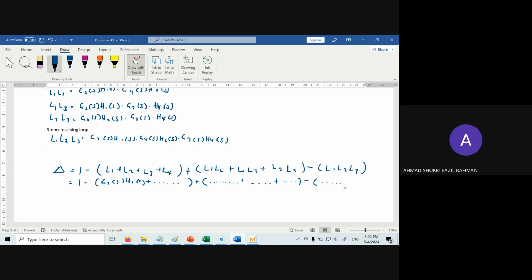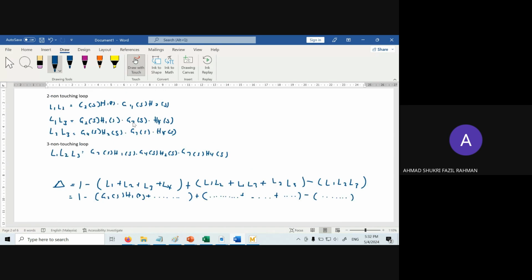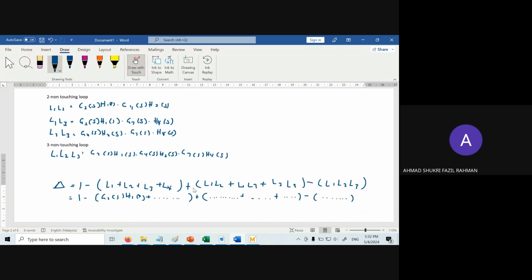Okay, in actual solution you must copy everything from the previous step. I do not put it here, so I'm hoping that you would do it by putting the value here.